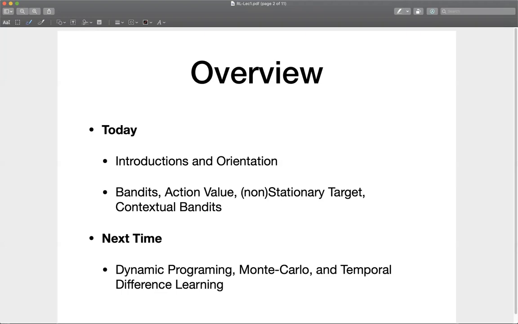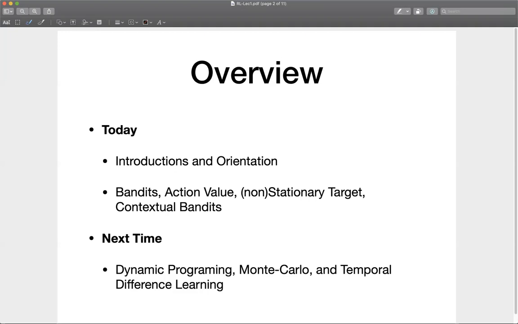I'm going to talk about assigning values to those actions, and then how to hit either a stationary or non-stationary target. That's assigning, does this value shift in time? And then finally, we'll end up with what is called a contextual bandit, which brings us sort of full circle and places us squarely in the realm of reinforcement learning. So it's a nice little story, and I hope we can get to the reinforcement learning framework with this one lecture. Next time, we'll jump right in.